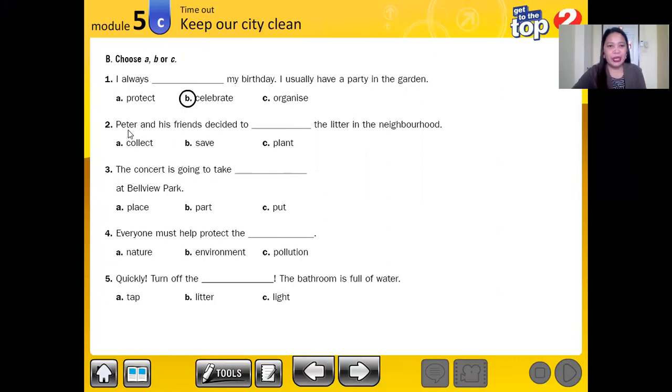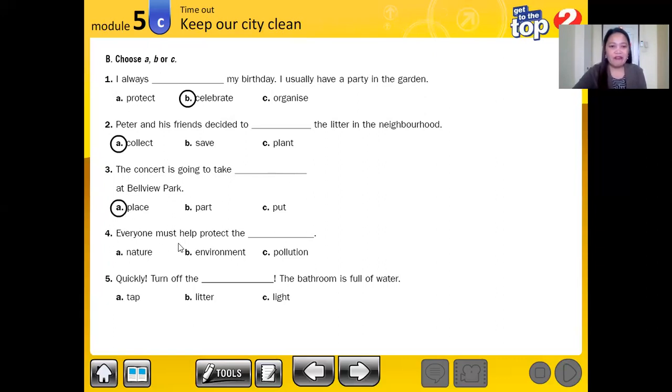Number 2, Peter and his friends decided to blank the litter in the neighborhood. The answer is collect. Number 3, the concert is going to take blank at Bellevue Park. The answer is place. To take place at Bellevue Park.